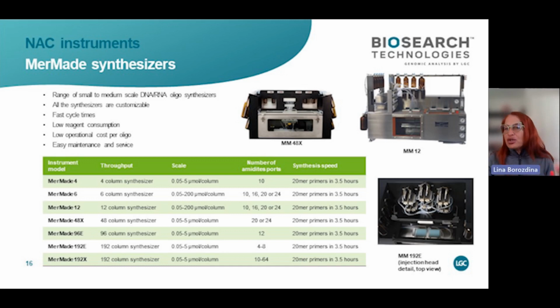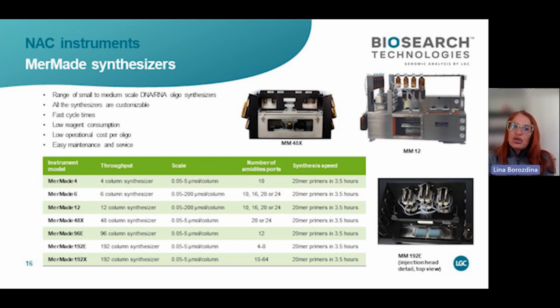So our instrumentation line consists of different models and different throughput. If you are an academic and you just want to make a couple of primers here and there, you might want to consider our Mermaid 4. It only has 4 positions, small scale, doesn't use a lot of reagent, and it's very compact, so you can always find enough space in your hood to put it.